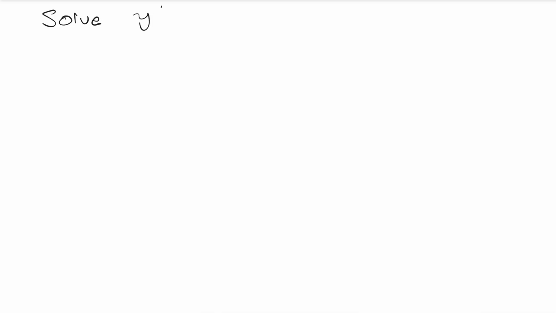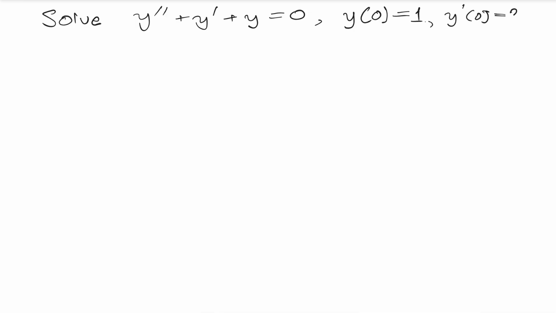Solve y double prime plus y prime plus y equal to 0. Again, this question gives us an initial condition, that is y of 0 is equal to 1 and y prime of 0 is equal to 3. We have to solve the homogeneous equation, then use the general solution to get the particular solution using the initial conditions.